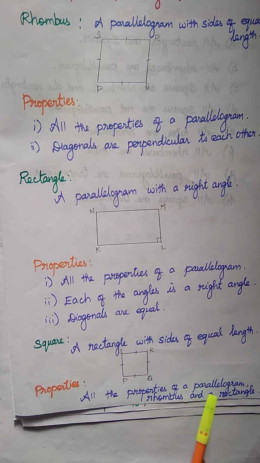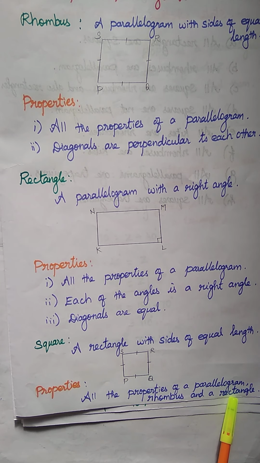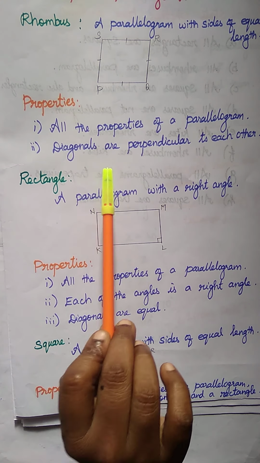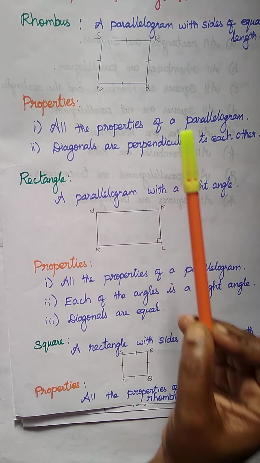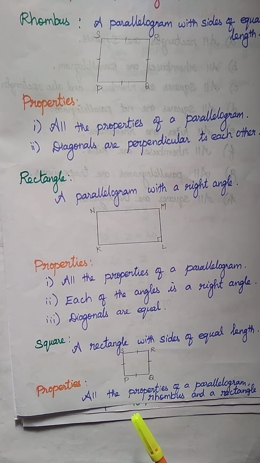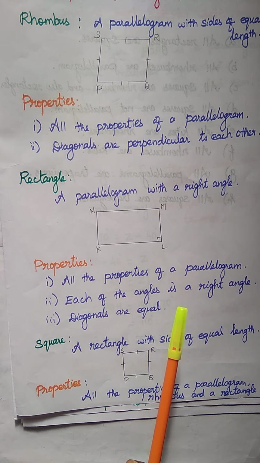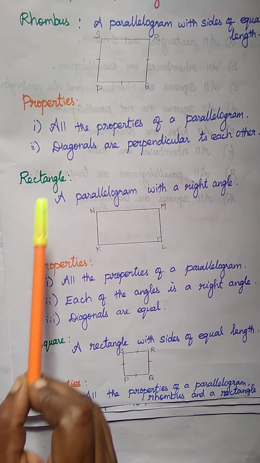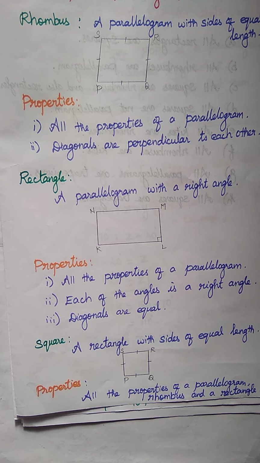All the properties of a parallelogram, rhombus and rectangle are properties of a square. So rhombus, rectangle, square are all like a parallelogram. With some modification, each has a separate name. Okay.